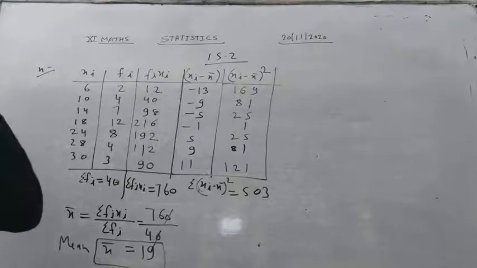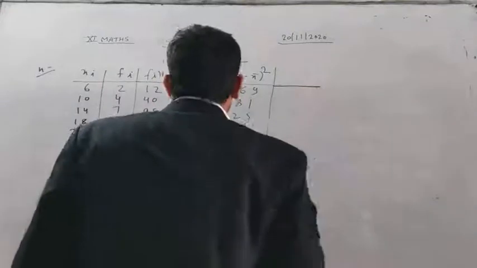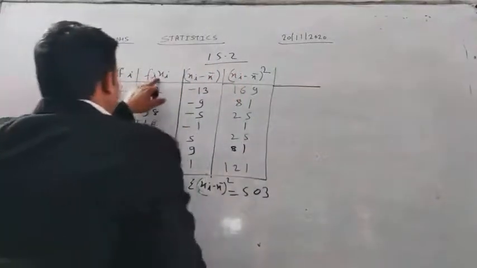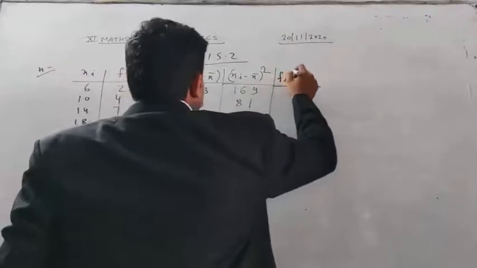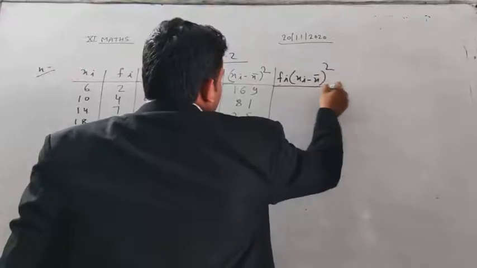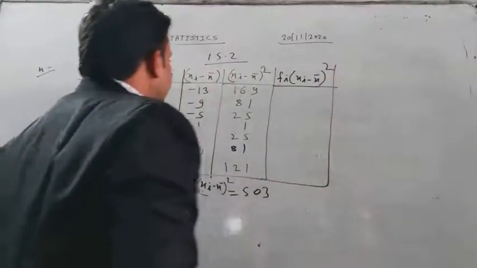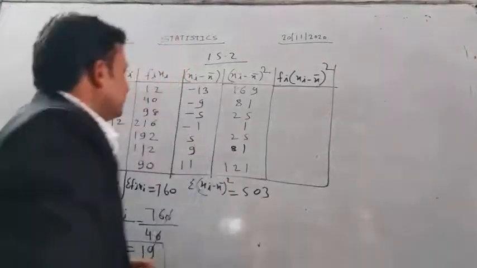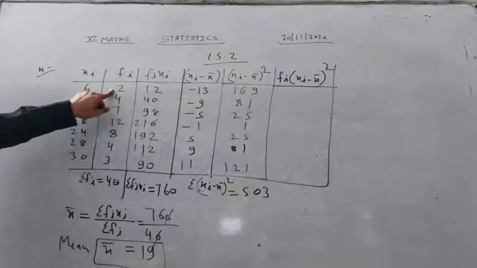Okay. Now we will find out the next column. Next column is fi xi minus x bar whole square. Okay, now multiply this with frequency.